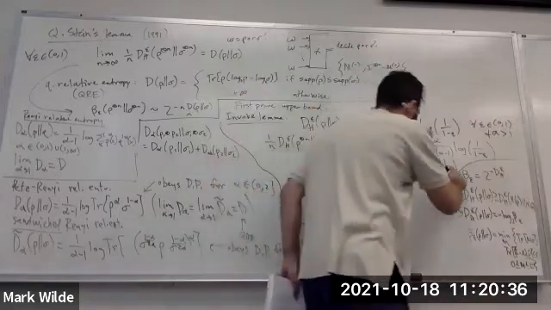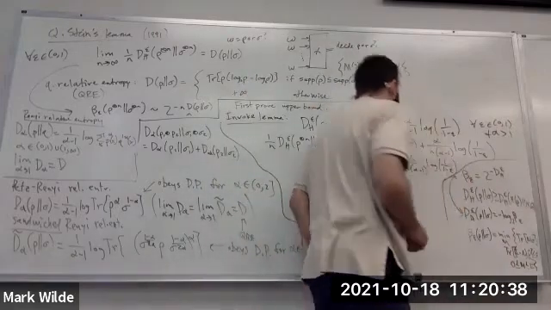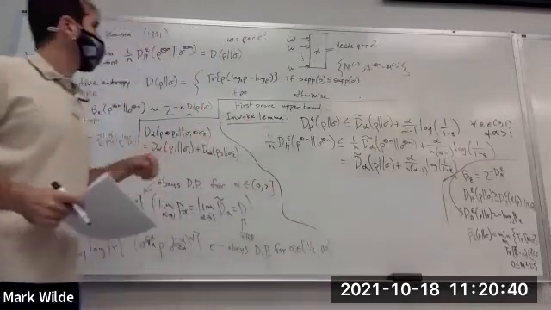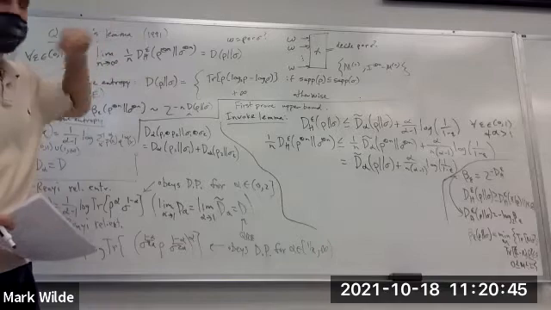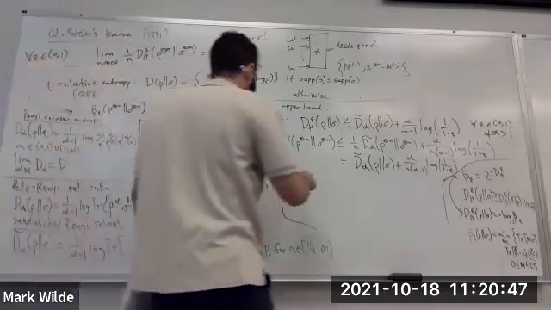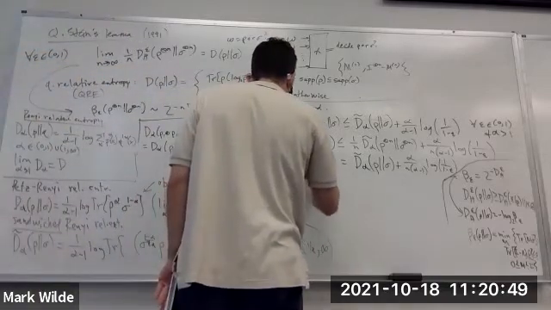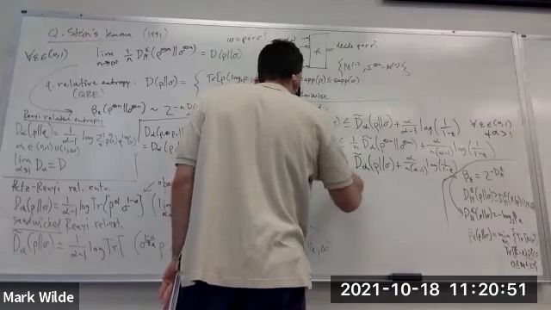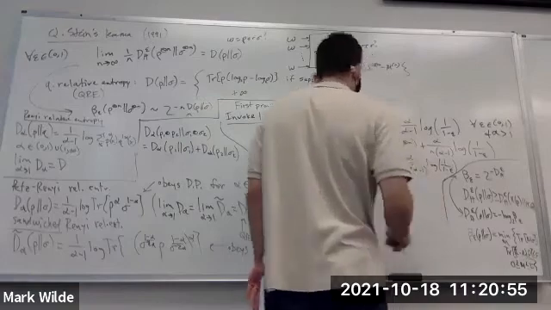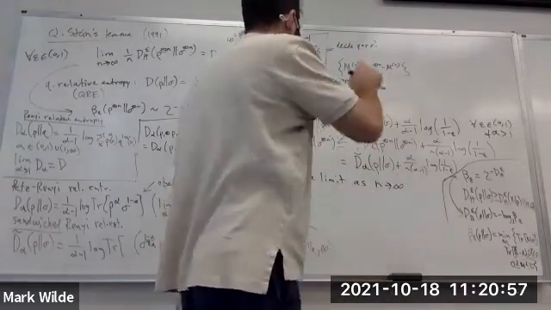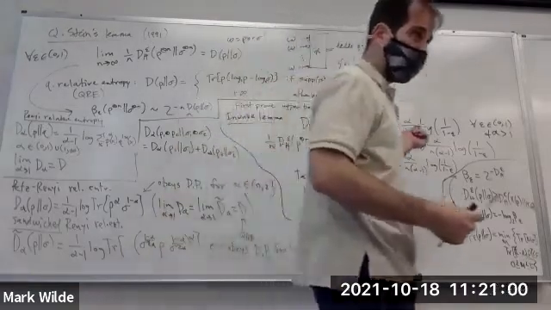Now, the operational quantity of interest involves a limit as n goes to infinity. Okay? So we take the limit. Alpha is a parameter we can tune.